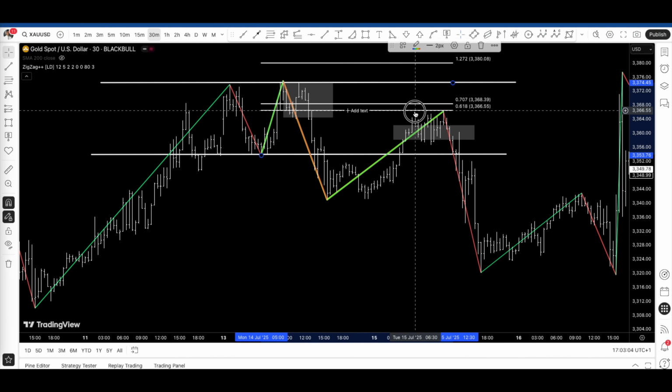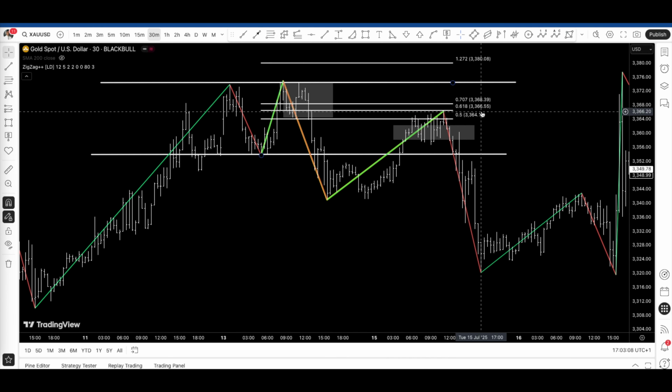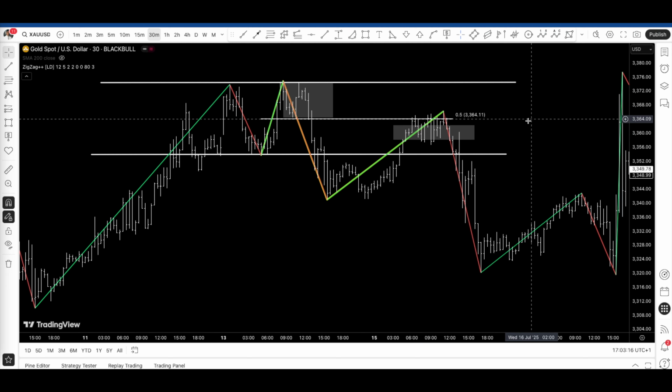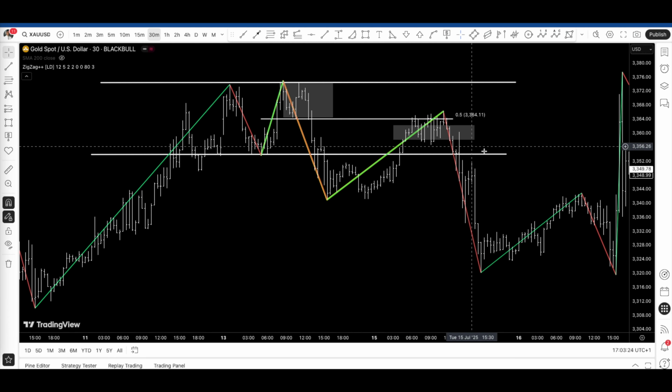So we can see that the price respected the 50% over here. So I have right now a confluence: Fibonacci, I have my price completion zone, I have the 78, the 100, and now I have the 50% as well. So it did respect that, and I don't hesitate to take this trade as well to the downside, to where? To the 78 and to the 100% as well.